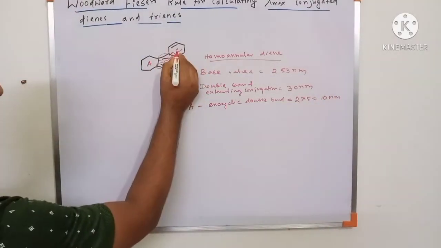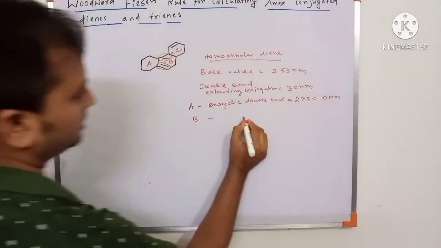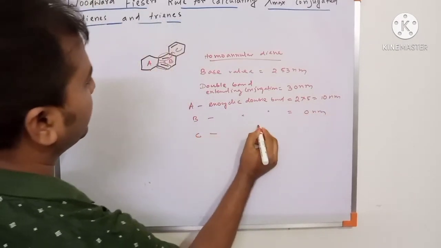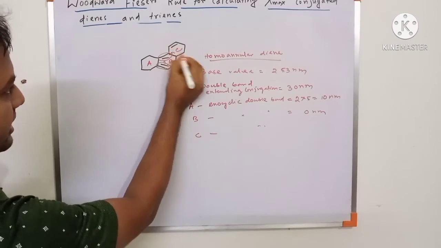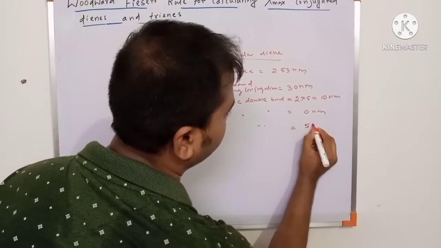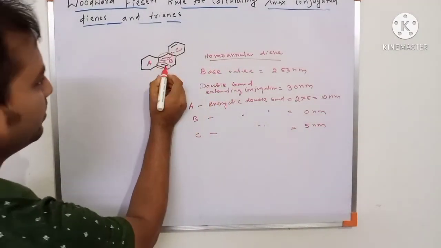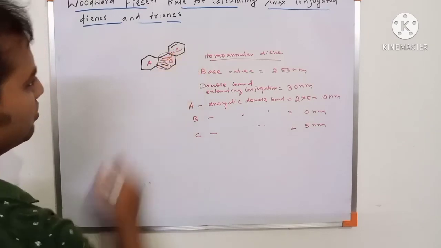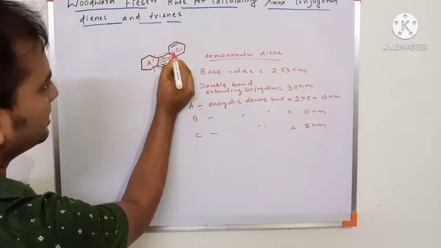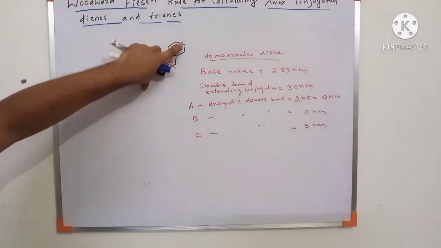And for B there is no exocyclic double bond, 0 nanometer. Ring C has 1 exocyclic double bond, so this is 5 nanometer. And ring residue: this is the conjugated part, and the ring residue parts are this part, this part, this part, this part, so total 5.